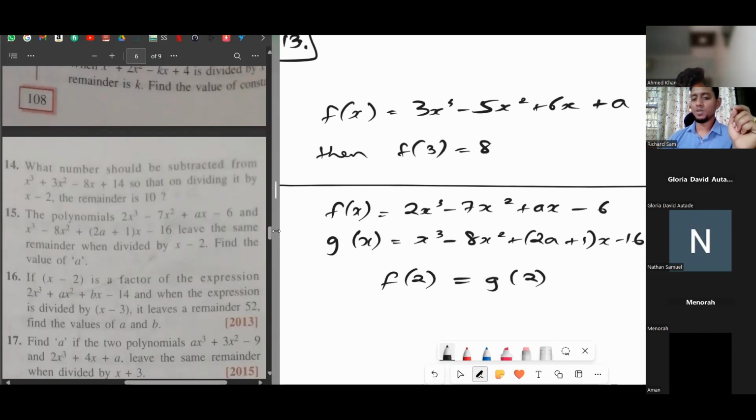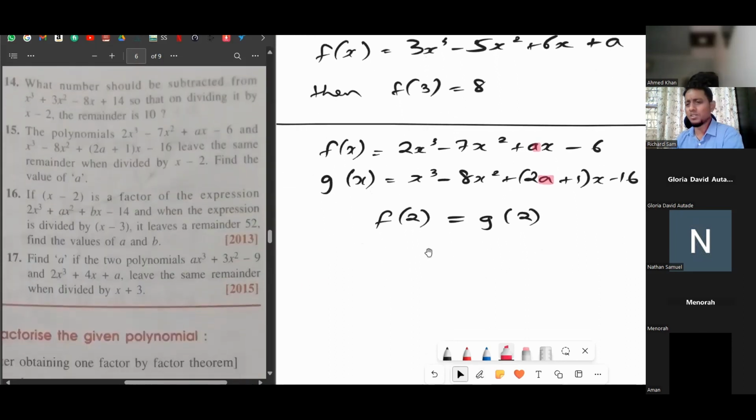In place of f of 2, you write the first polynomial with 2 in place of x, and equal to, on the right side, the second polynomial with x as 2. So you'll have a big equation, LHS equal to RHS. What's the missing value? a. It's a linear equation, solve and find a. So what statement do you write here?